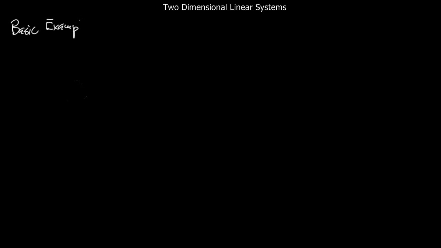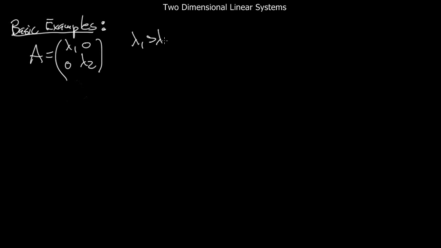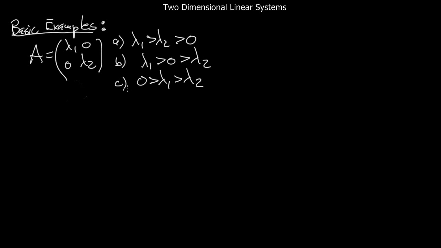So I'm going to illustrate these with a very basic example, where the matrix is already diagonal, or the eigenvectors are the standard basis vectors. So we take A to be the diagonal matrix lambda 1, lambda 2, and I'm going to illustrate three basic cases. The first one is where the eigenvalues are both positive, another case is where one's positive and one's negative, and a third case is where they're both negative, but they're always unequal.